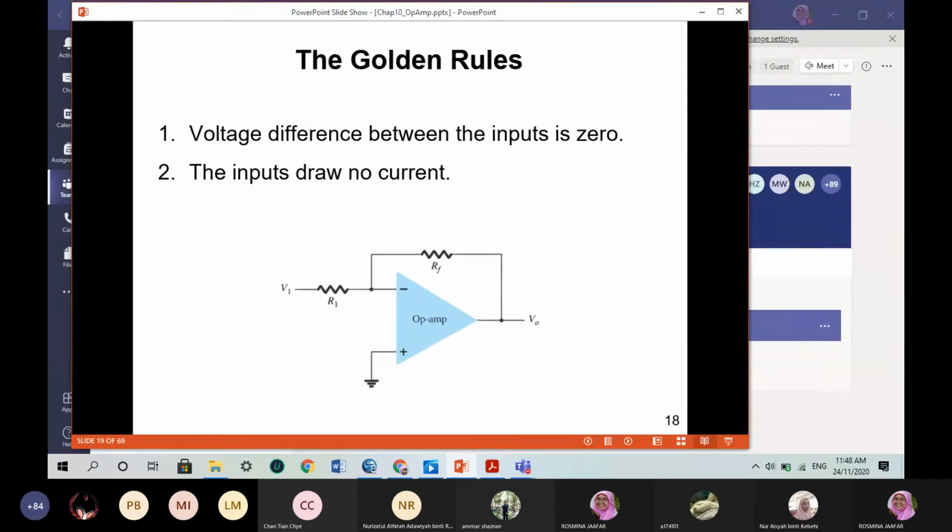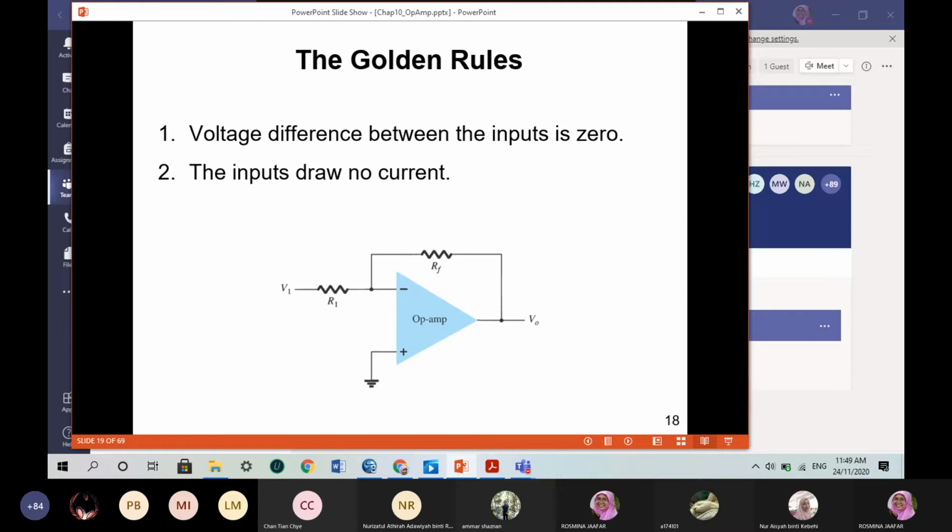Okay, the golden rules for op-amp are always two basic rules. Number one, there will be no difference, so in other words, the voltage difference between the input terminals must be 0.